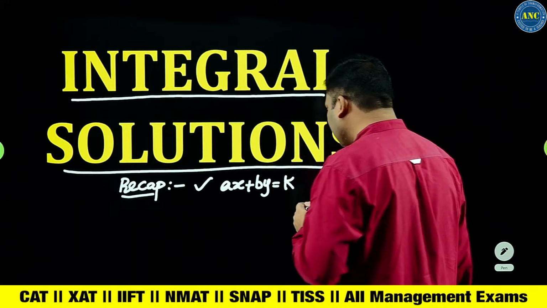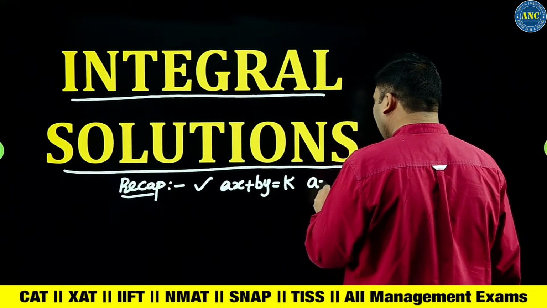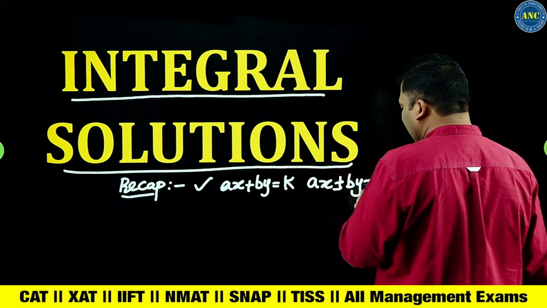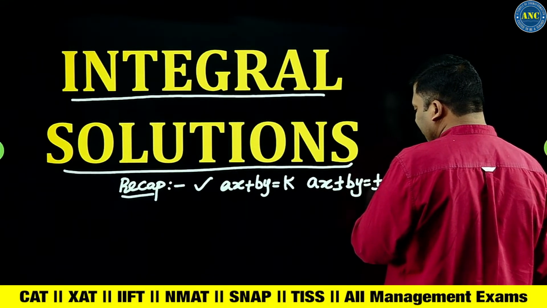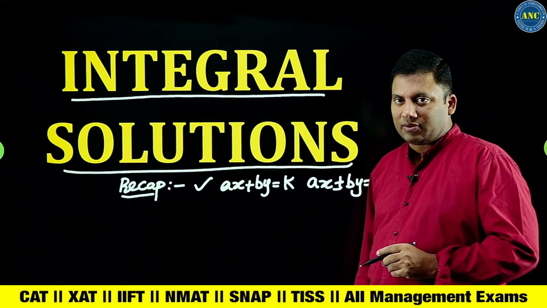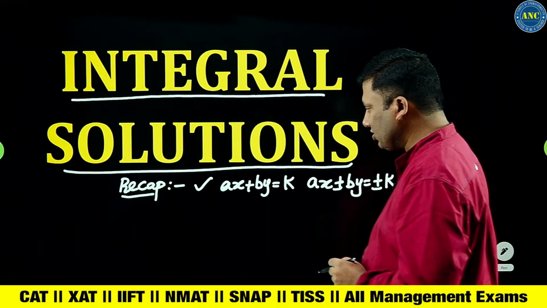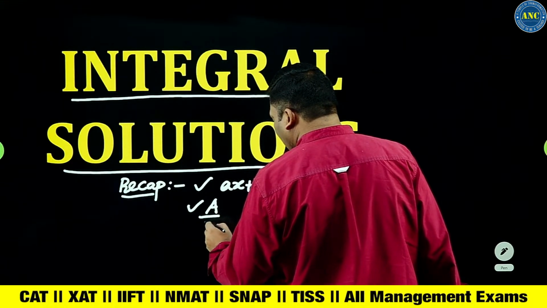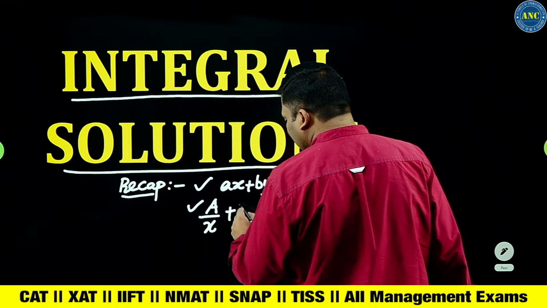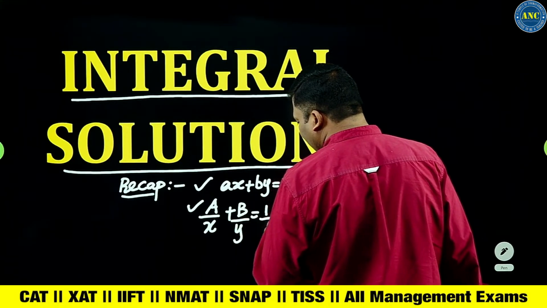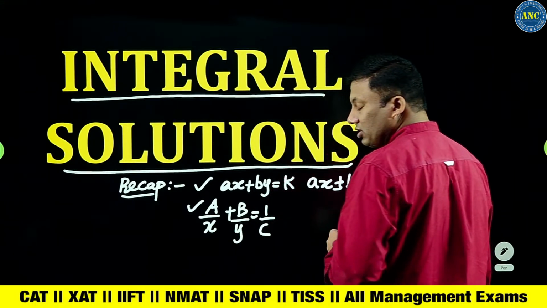Then we also discussed all the varieties of ax plus or minus by is equivalent to plus or minus k. Some advanced level concepts related to linear equations, that also we discussed. Then we discussed how to find the integral solutions of the form a by x plus b by y is equivalent to 1 by c.